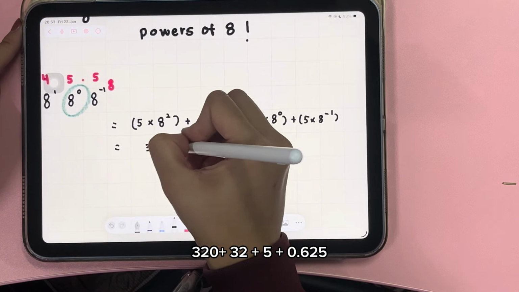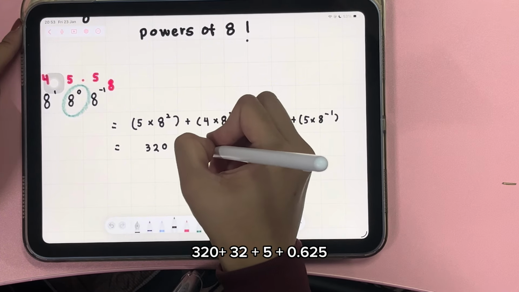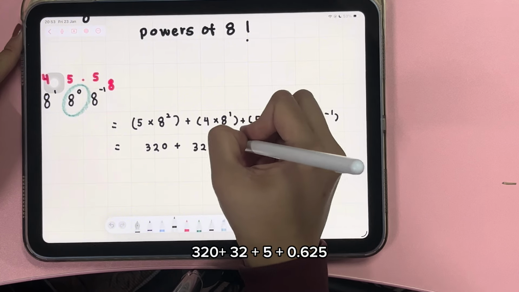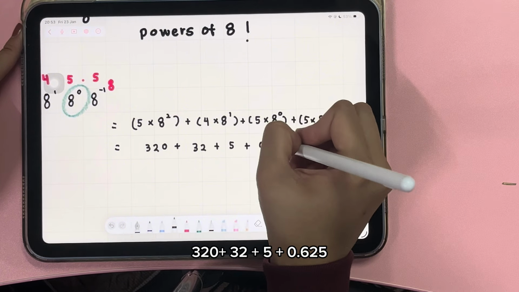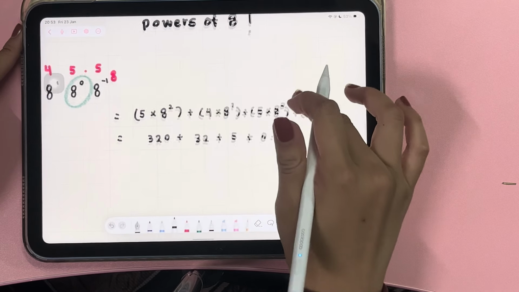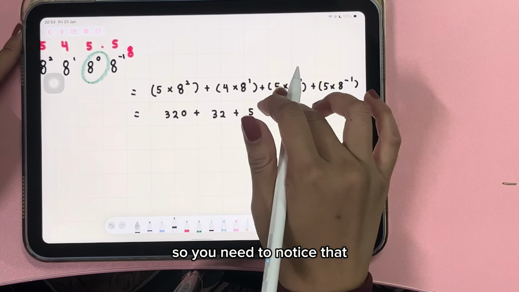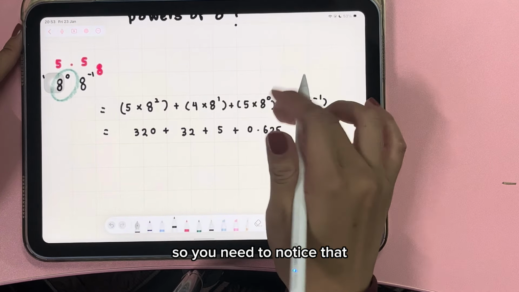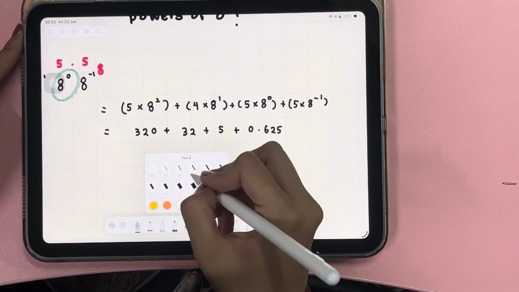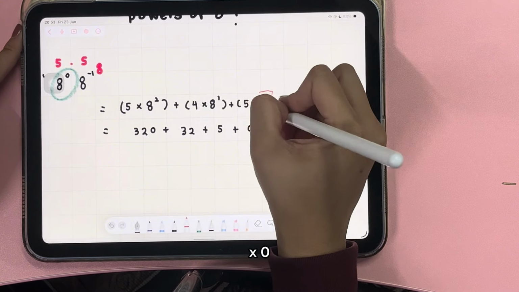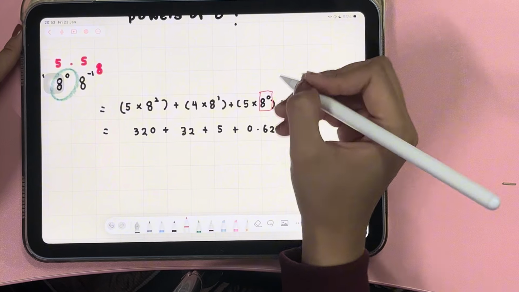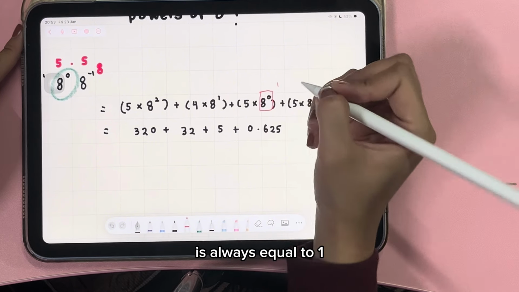320 plus 32 plus 5 plus 0.625. So you need to notice that x to the power of 0 is always equal to 1.